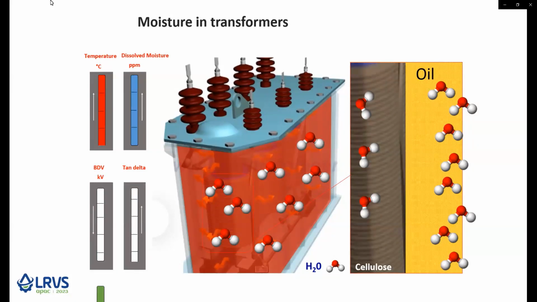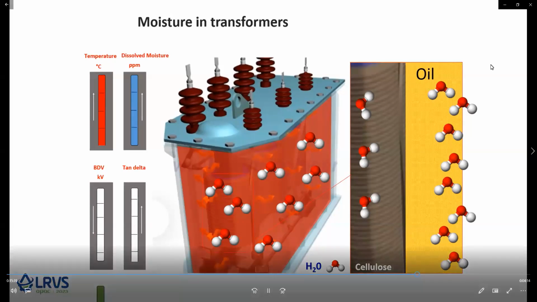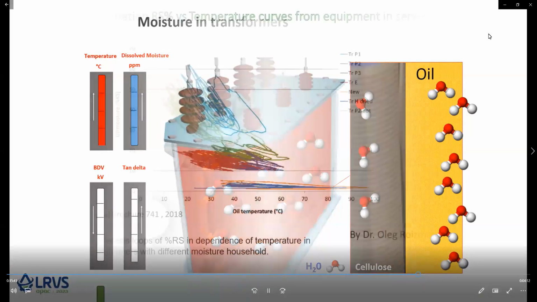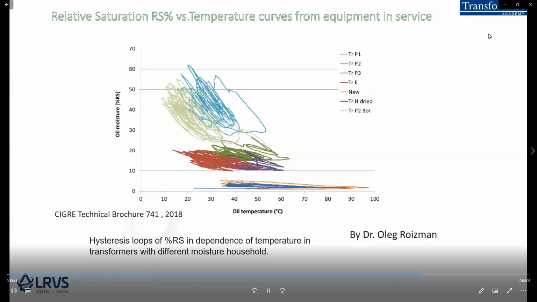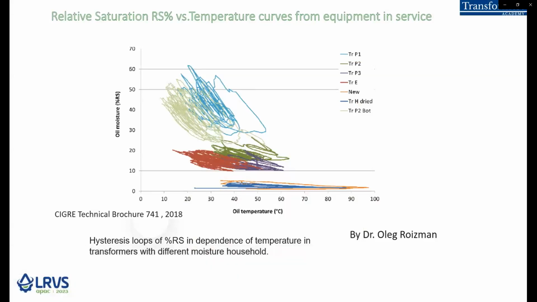The main problem, which is not shown here, is that there is a gradient of temperature in a normally operating transformer. One of the solutions that appeared in the last Cigre brochure, and also described by Dr. Oleg Roizman, is hysteresis, because the absorption and desorption of the water in the paper is not similar, by the angle of this hysteresis.